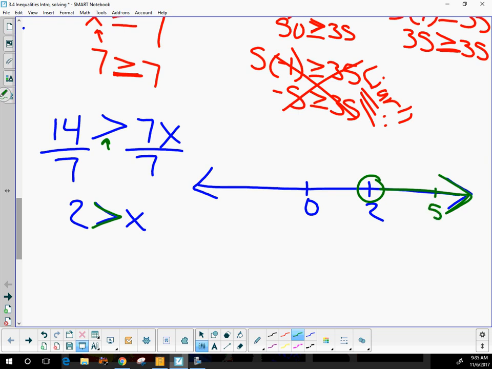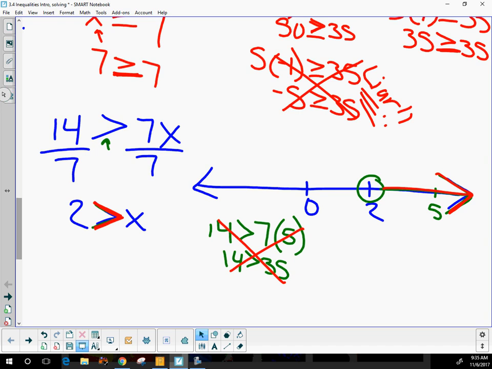Let's check that. 14 is greater than 7 times 5. Well, we know in the last problem that 7 times 5 is 35. That is not true. It's not greater than 14. But the arrow goes this way, so my graph must go this way.